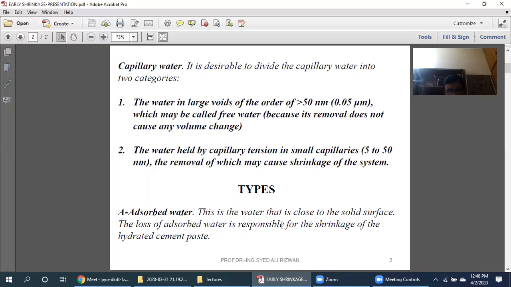is consumption of capillary water, and capillary water is held in two categories of capillaries. Number one category is large voids of capillaries which are of size more than 50 nanometers or 0.05 microns, and this may be called free water because its removal does not cause any volume change.